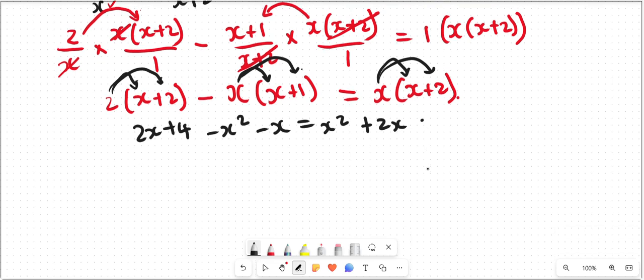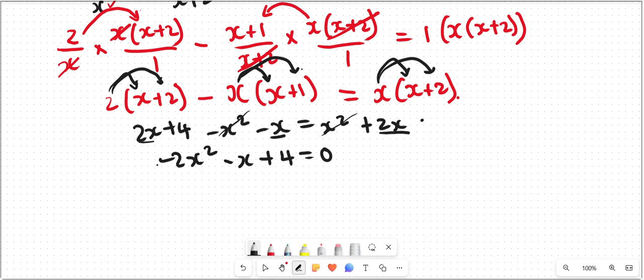All right, then I need to put it in standard form. There's no fractions anymore. Collect all my terms on this side. I'll get a negative 2x squared from this guy and this guy. Then this guy and this guy and this guy, I will get a negative x. And then I have lastly the positive 4, all equal to 0.